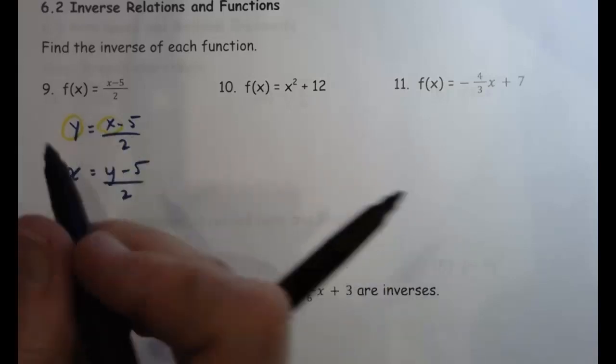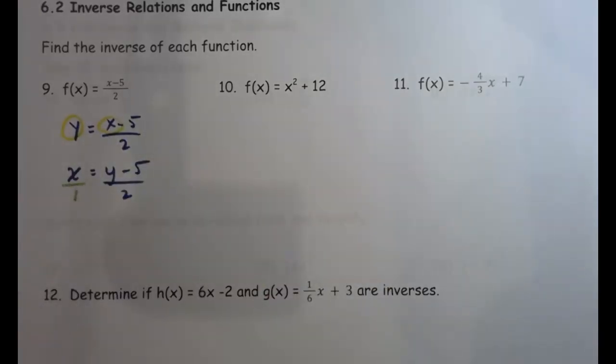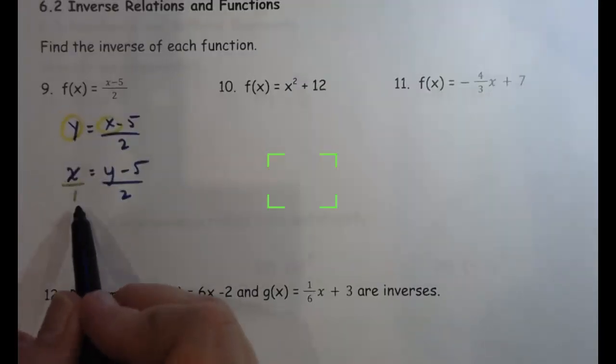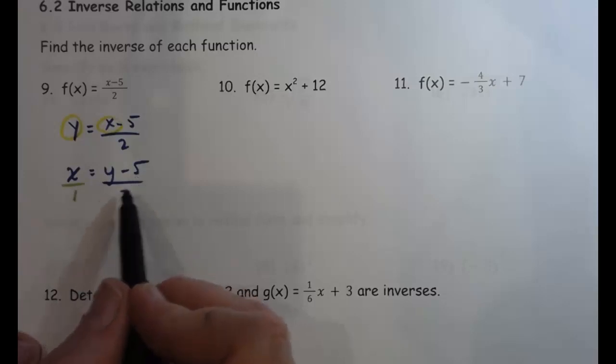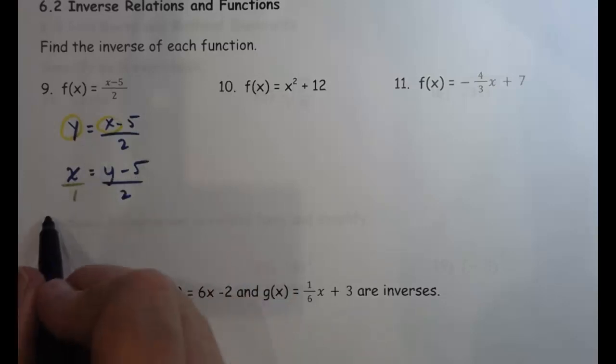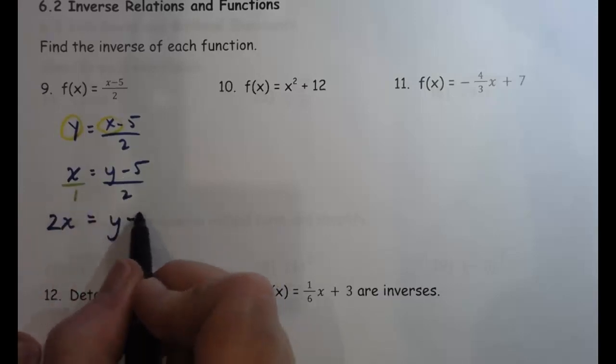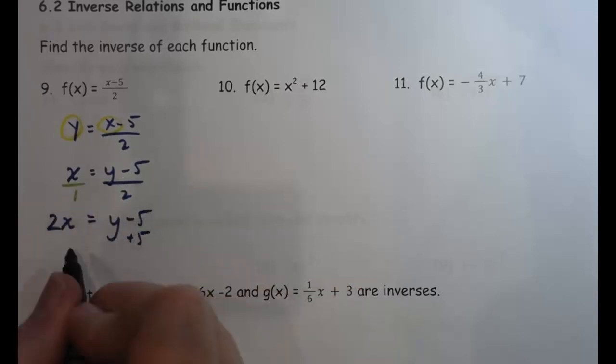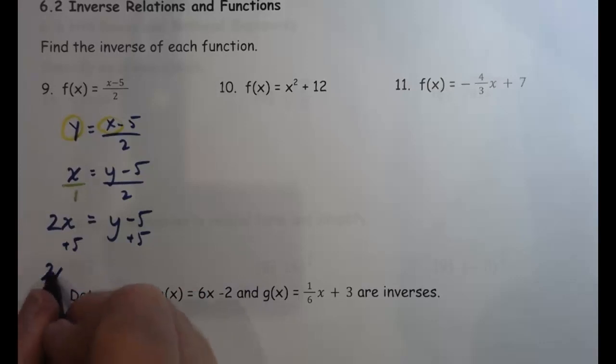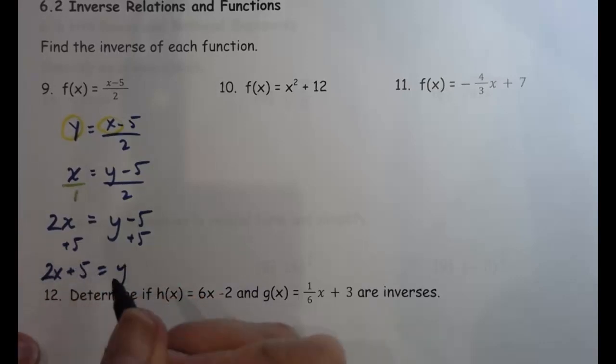So it looks to me like I should cross multiply, which I'm going to do here. So this is x over 1 equals y minus 5 over 2. Cross multiply. 2x equals 1 times y minus 5, plus 5, plus 5. 2x plus 5 equals y.